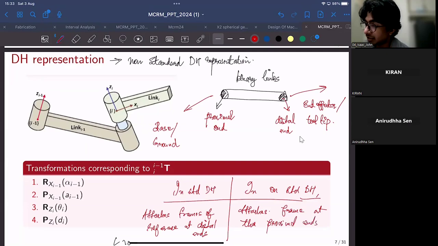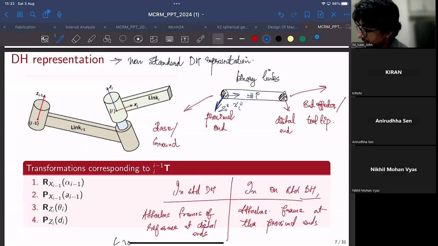Right. So in this case, since we are following the non-standard representation, we attach the frame of reference. Like if this is the ith link of a robotic manipulator, we attach the frame at the proximal end. One example would be, this would be Zi, this would be Xi, this would be Yi.